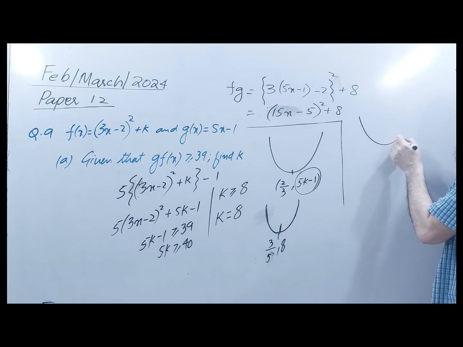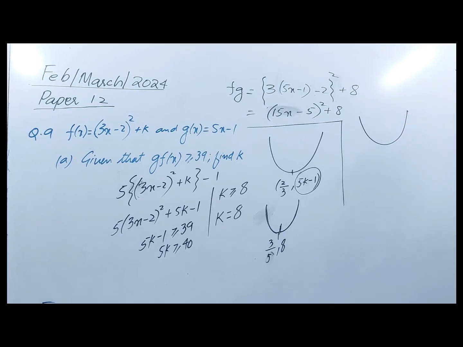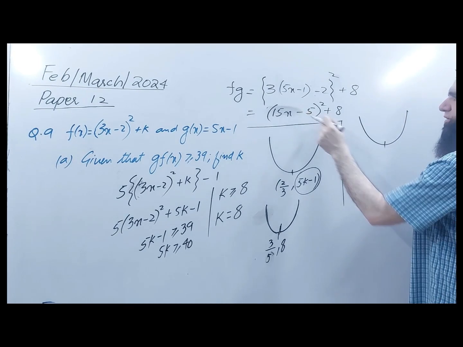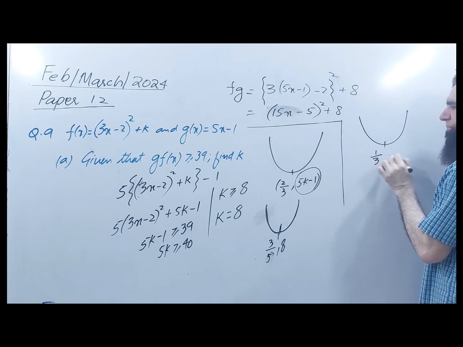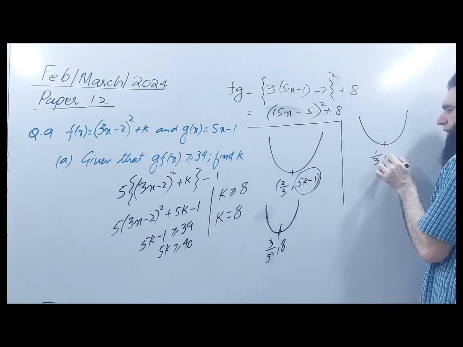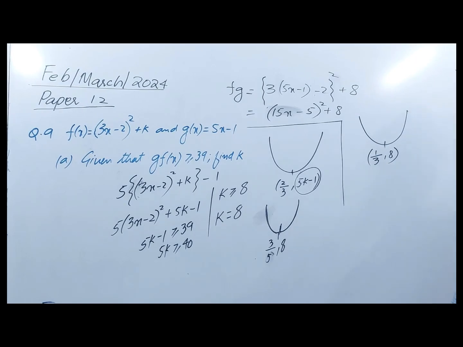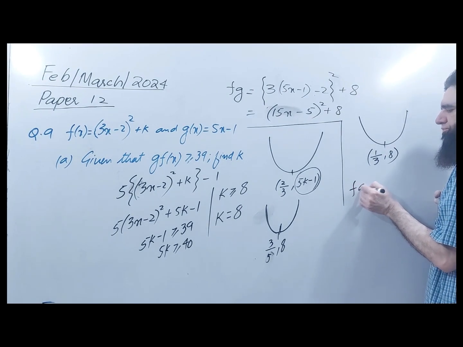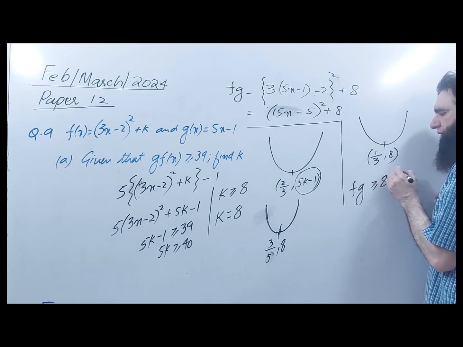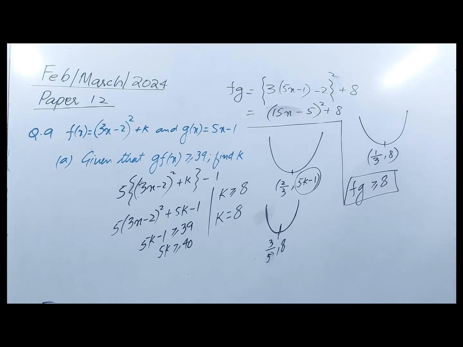So this value is 5 upon 15, which is 1 by 5 because you put it equals to 0, and the y value is 8. So the range of this function is greater than or equal to 8. So the range of fg function is greater than or equal to 8.